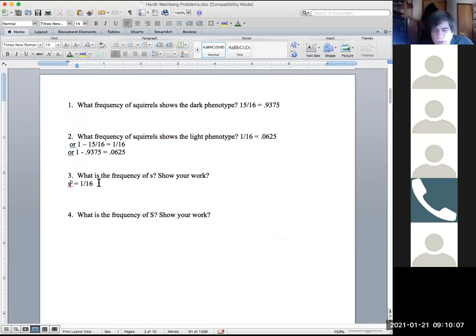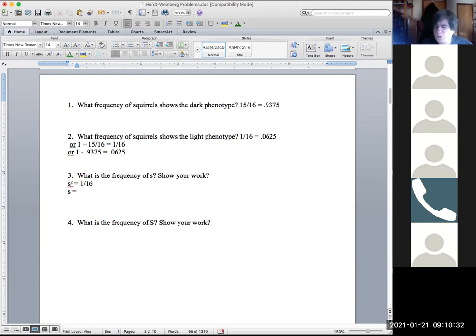So if you remember, we said the other day, what can we do to figure out what little s is? Well, in math, if you have an equation like this, what do you do? You take the square root of both sides. So the square root of s squared is just s.